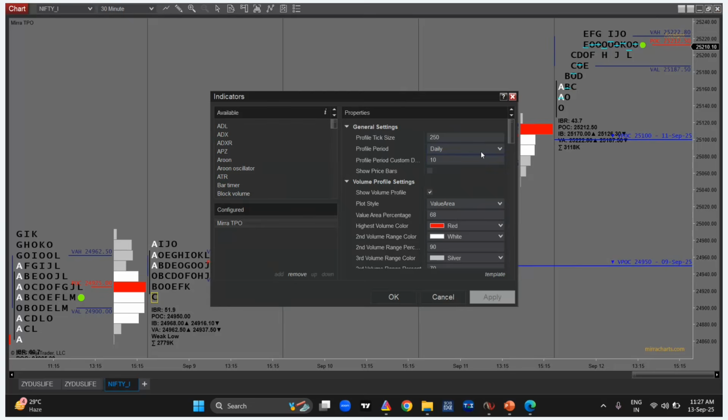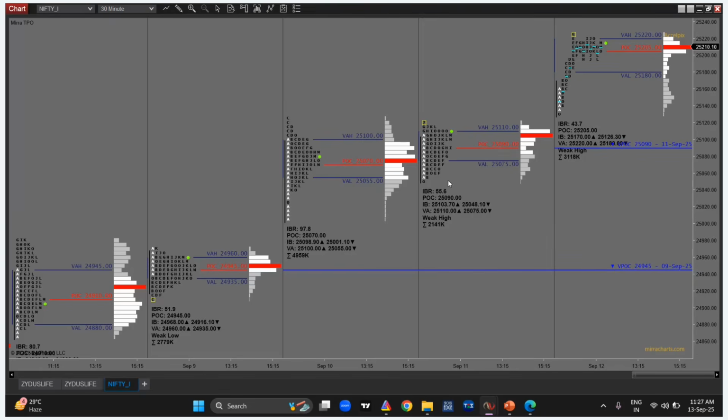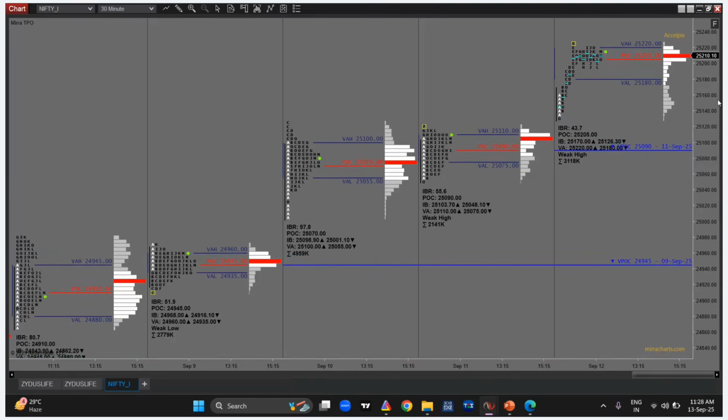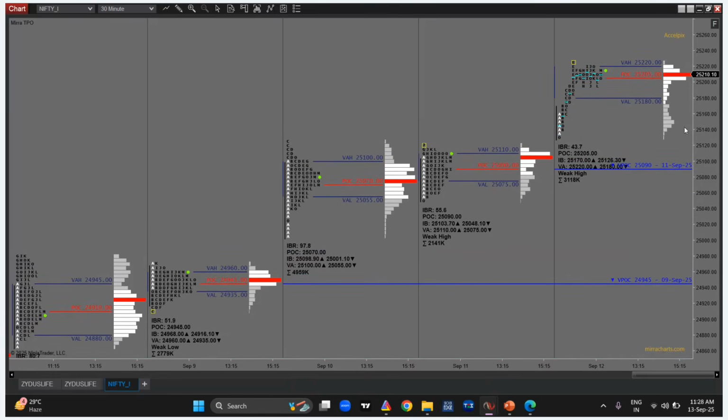Once again, this is what the market profile chart will look like. See, in the chart, I'll just split it.